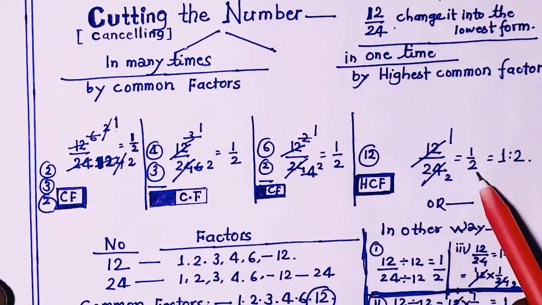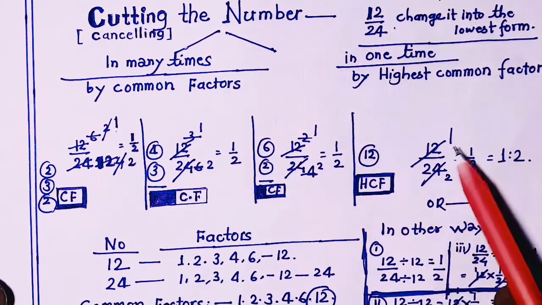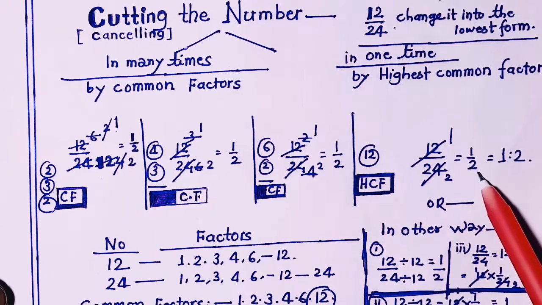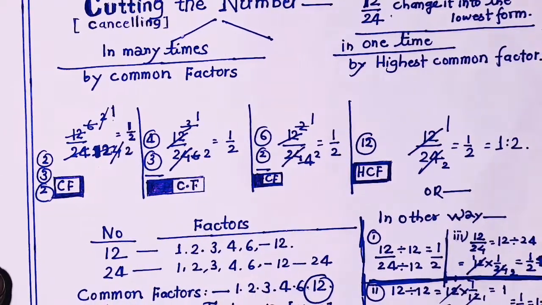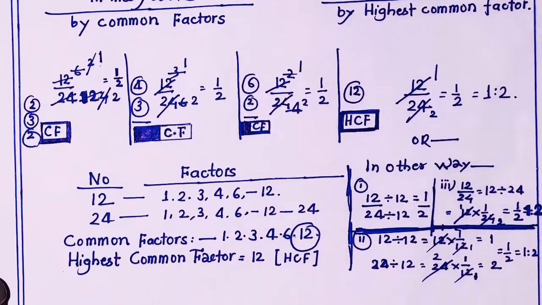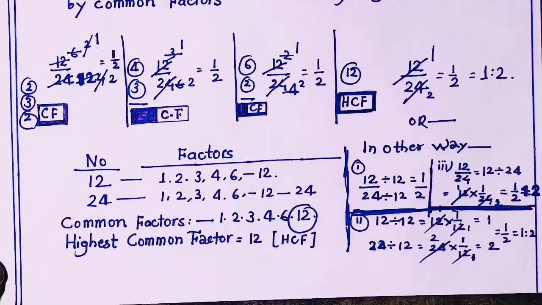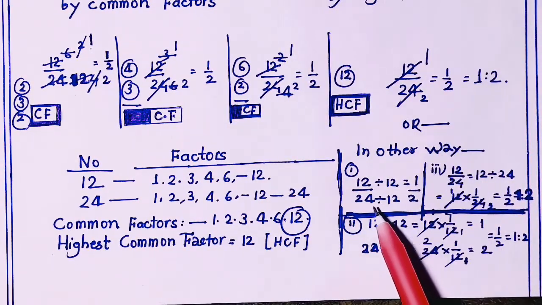So 1 by 2, after cancelling by their HCF 12, we find 1 by 2 and the ratio 1 to 2. You can also cancel this number 12 by 24 in many ways, just like in this way.